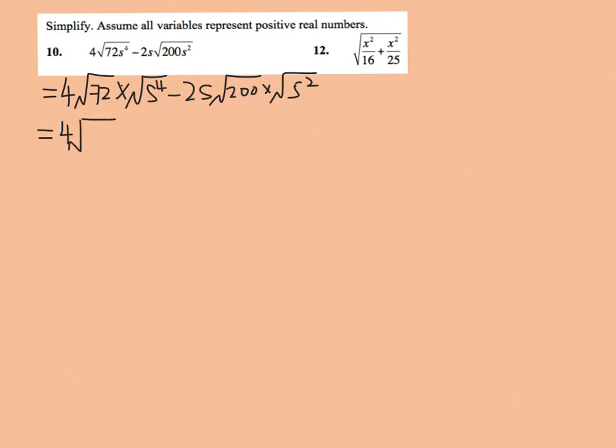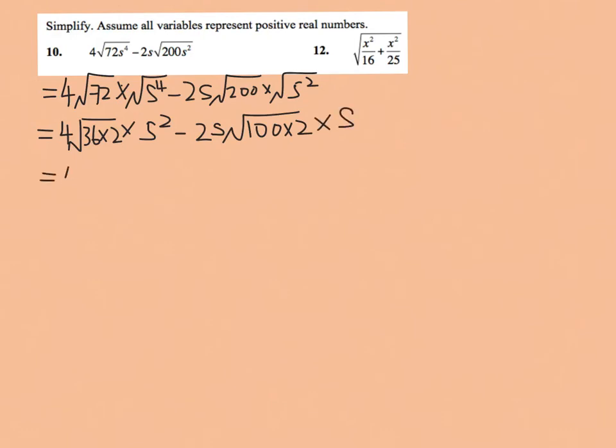And let's think about the factors of 72, whether you could break it into a perfect square factor. And you can try, and you can see that you get 36 times 2. And the square root of s to the 4th will be s squared. And minus 2s, and 200 can be rewritten as 100 times 2. And the square root of s squared is s.